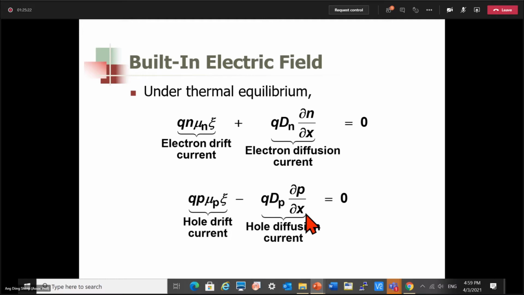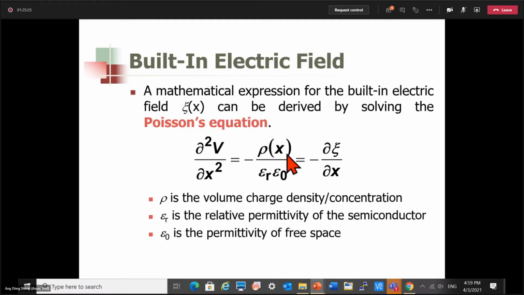So to overcome that, what we can do is obtain an expression for the built-in electric field by solving this equation called the Poisson equation. Now, the Poisson equation is a very fundamental equation in electrostatics, and we are now applying it in this p-n junction. So what is the Poisson equation?